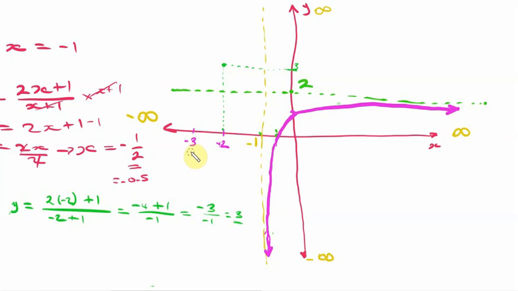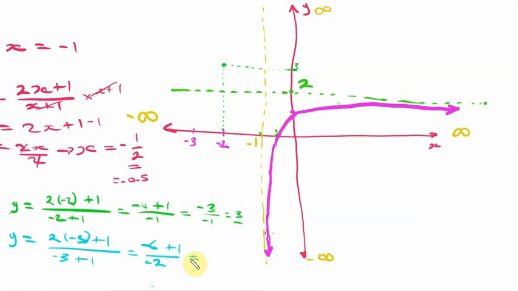Okay, what if x was minus 3? Let's see, what will be y? x is minus 3. It's 2 times minus 3, that's minus 6, plus 1, over minus 3 plus 1, which is minus 2.